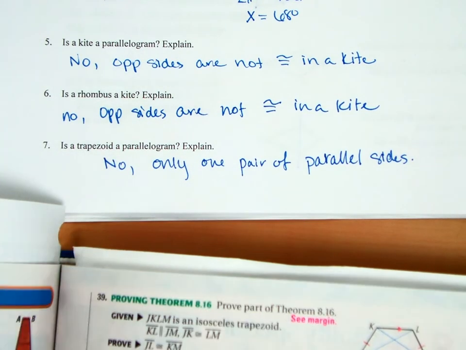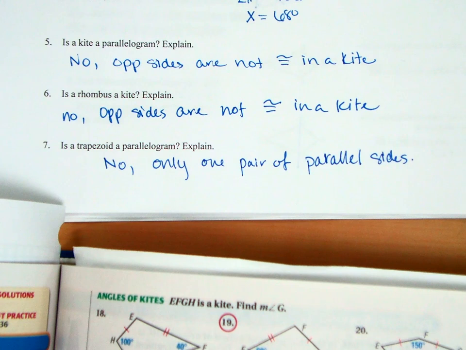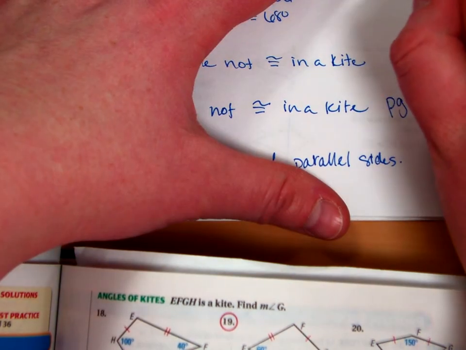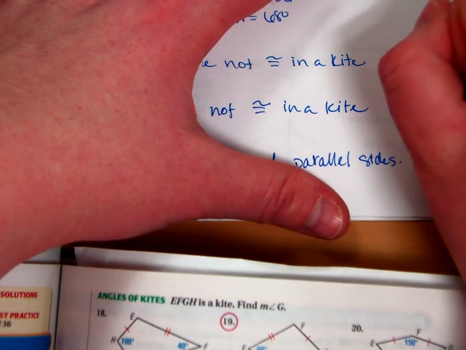I have nothing here with me, so I'm going to kind of make this up as we go. Let's go 3 through 27. So your homework will be page 540, 3 through 27.